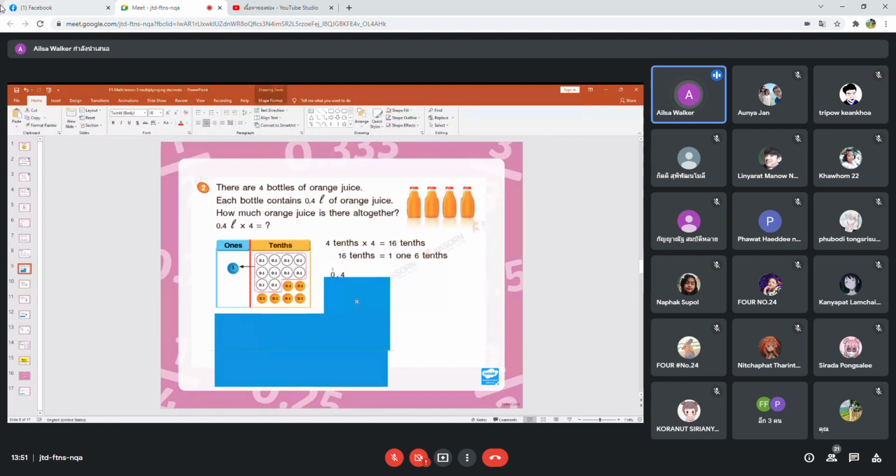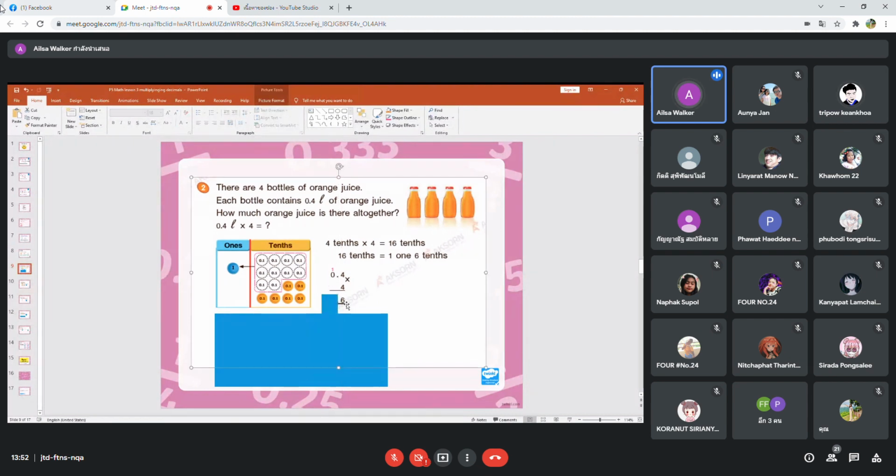So we can do 0.4 multiplied by 4, okay? So first, 4 times 4 is how many? 16. Good, 16.